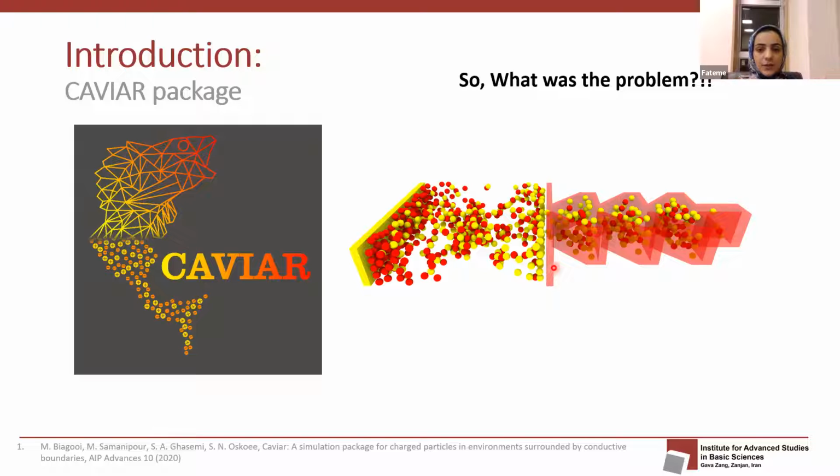So during the simulation, we may have an increase or decrease in the number of charged particles, and in every time step, the charged particles could move, and so it was very time consuming.